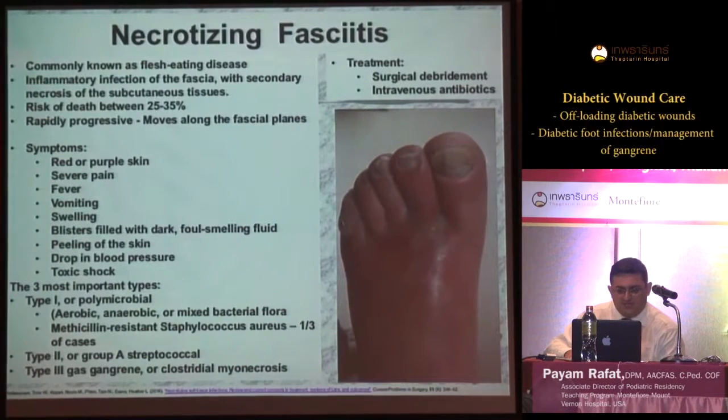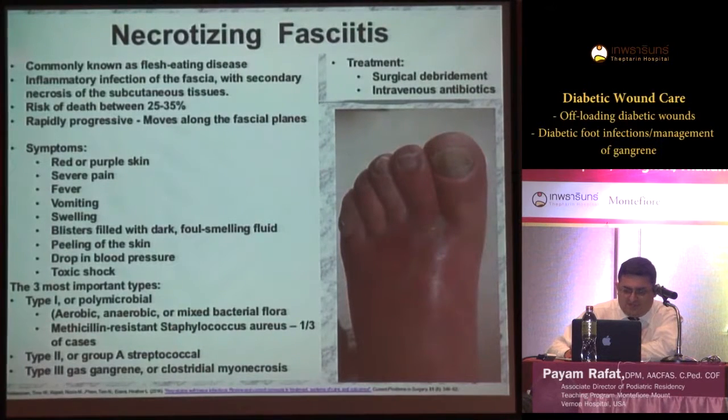Symptoms may include redness, purplish discoloration of the skin, severe pain, fever, vomiting, swelling. Blisters may form with foul-smelling fluid, peeling of the skin. The patient may have low blood sugar, and they may go into toxic shock.